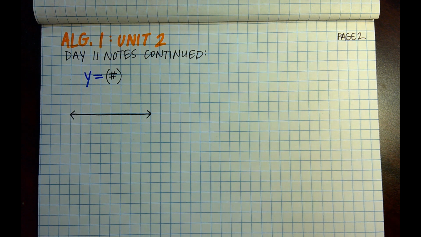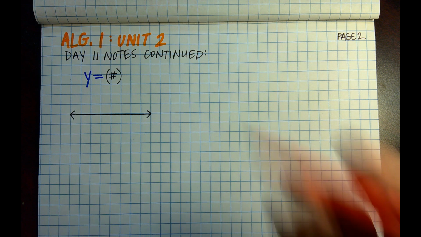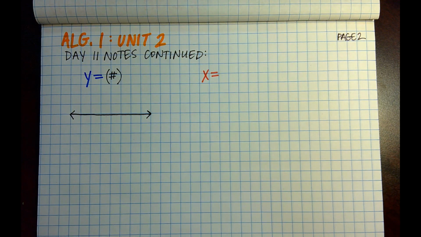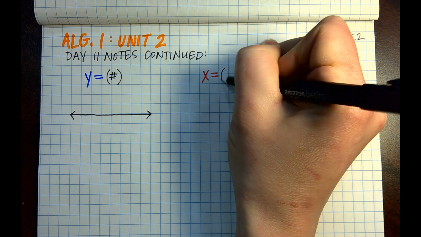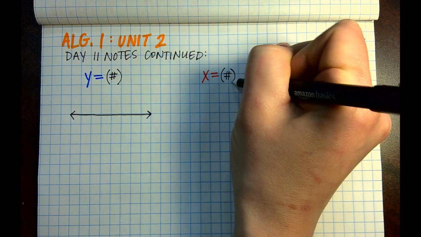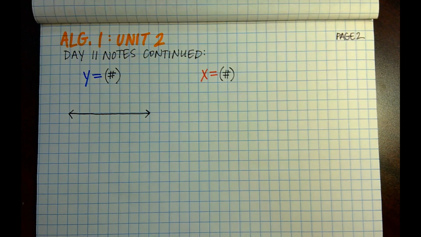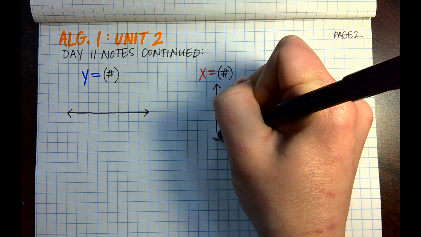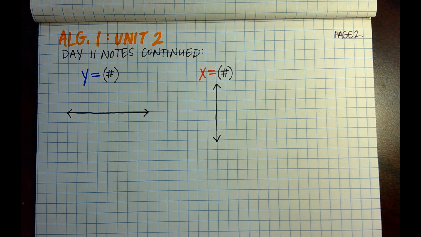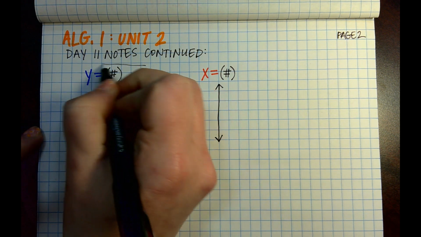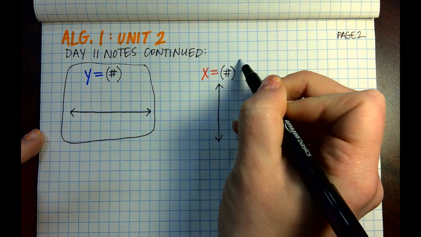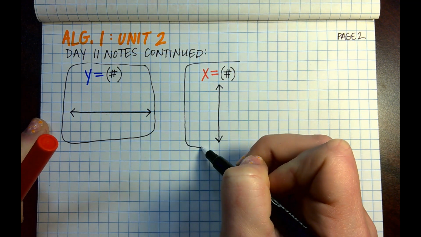When we have a graph of x equals a number, we have a line that goes up and down at whatever number they give you. So there's a little key to help us remember: y equals goes left to right, x equals goes up and down.